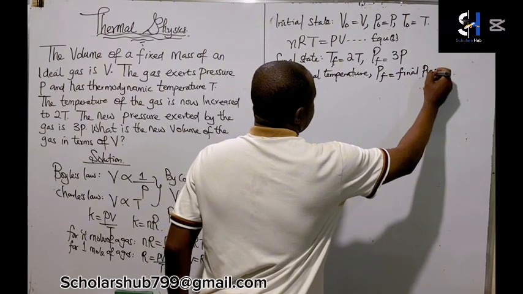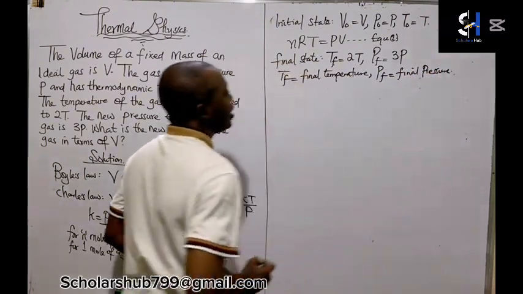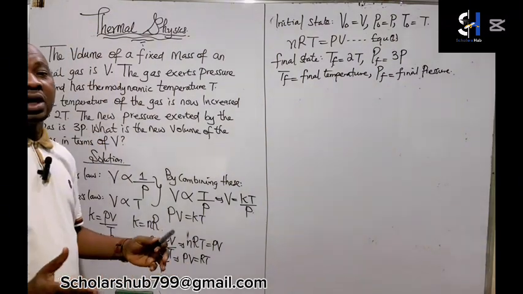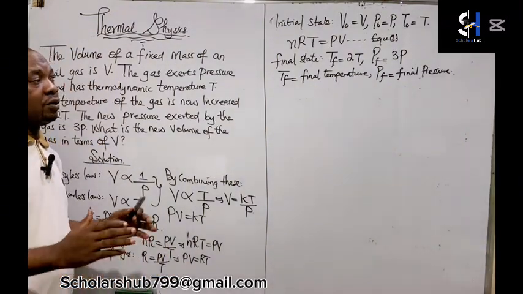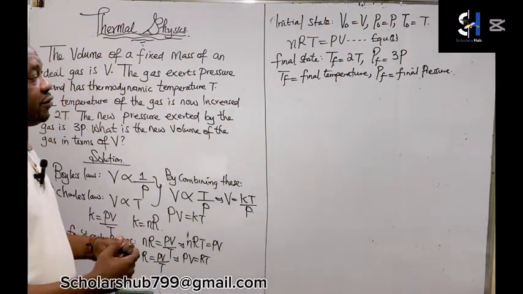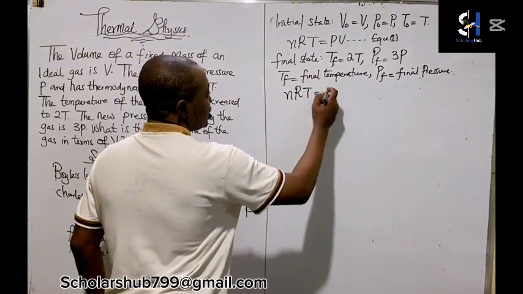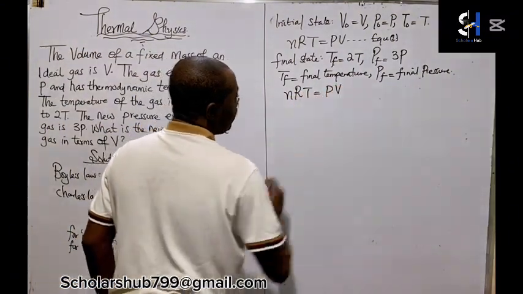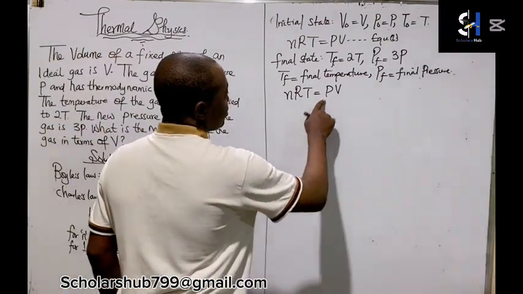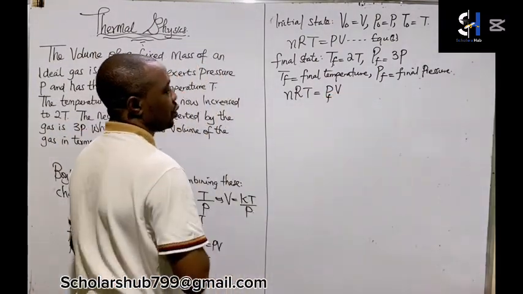So now let's write the ideal gas equation for the final state. In the final state, we know that nRT is equal to PV.